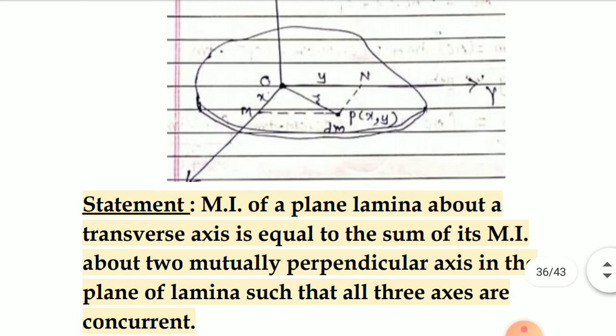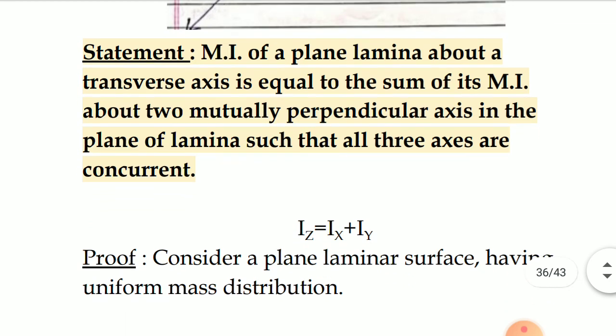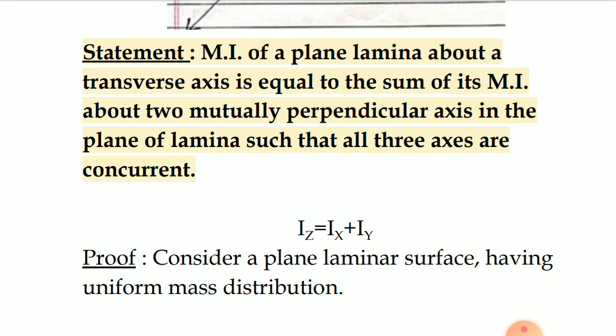Now we will speak about what the statement is. The statement tells you that the MI of a plane lamina about a transverse axis is equal to the sum of its moments of inertia about two mutually perpendicular axes in the plane of the lamina, such that all three axes are concurrent.